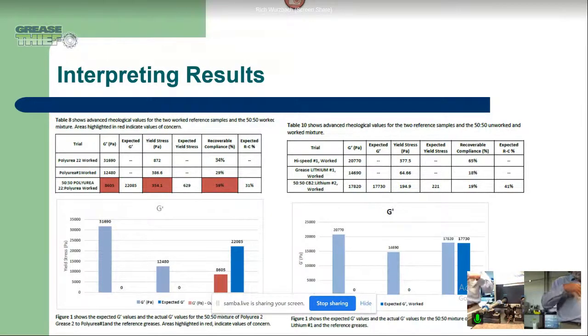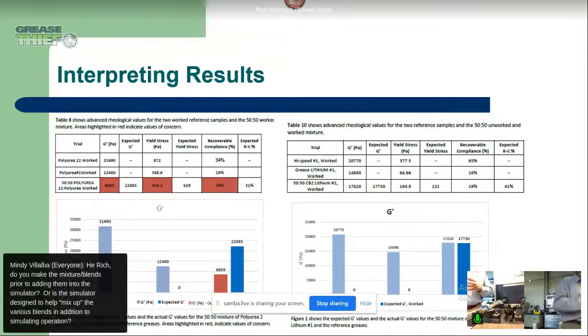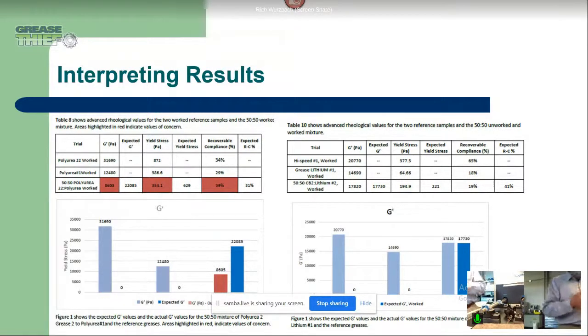If you've worked in maintenance, you may have seen this, where you take apart an older piece of equipment and you can see that bearing or that gear that moves in the middle, and you have this void around it. You've got a wall of grease around it. We call that channeling or tunneling. And we can gain some insights into changes in the likelihood of that grease to channel or tunnel by looking at significant changes in its recoverable compliance. So that's how we look at these different values.